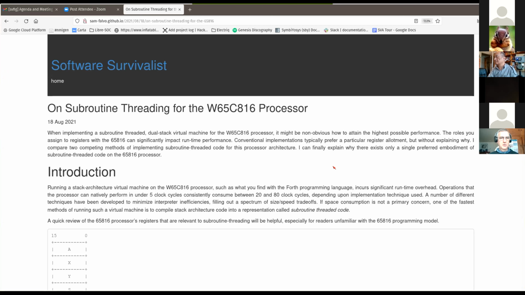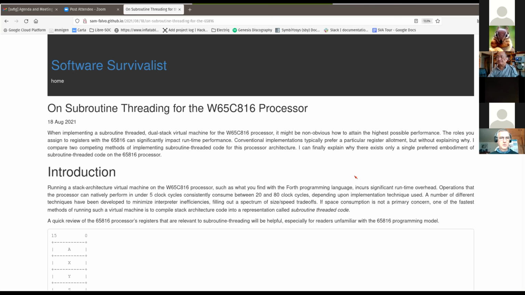But yeah, basically, what I'm trying to do is port over a Forth implementation to a 65816 processor, but I'm not really happy with direct or indirect threading because it eats into the performance of the system by about a factor of two.